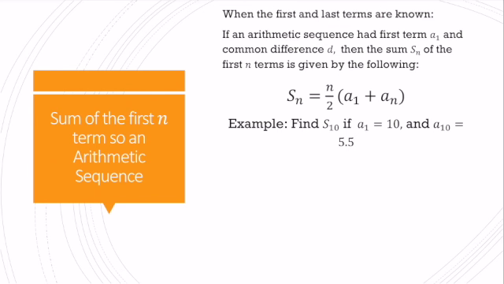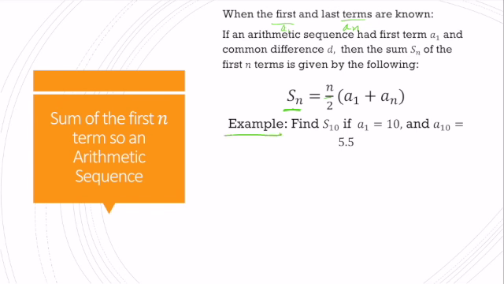Now, one thing we can also do is find the sums of a sequence, okay? If I know my first term, a sub 1, and my last term, a sub n, then I can find the sum of the first n terms by doing the following. So S denotes the sum. So the sum of the first n terms is n divided by 2 times a sub 1 plus a sub n. So let's go ahead and look at this example.